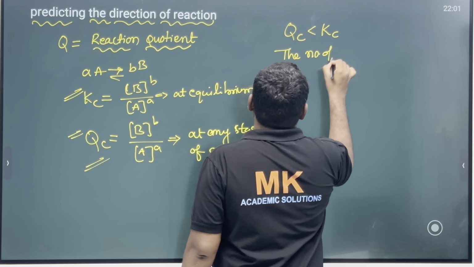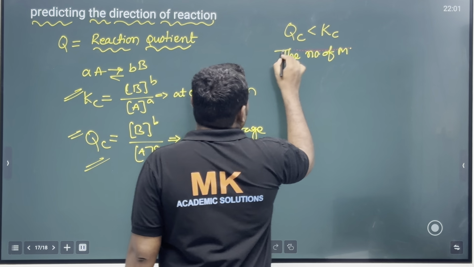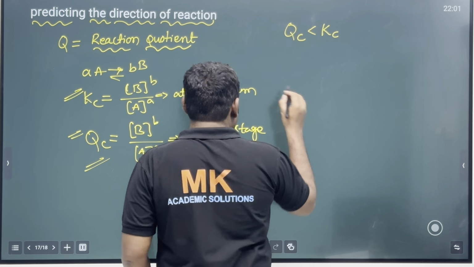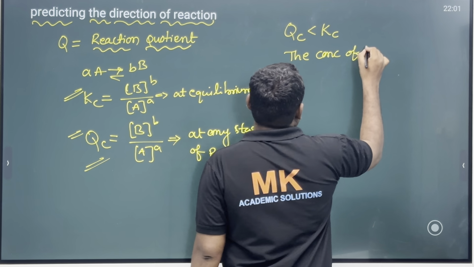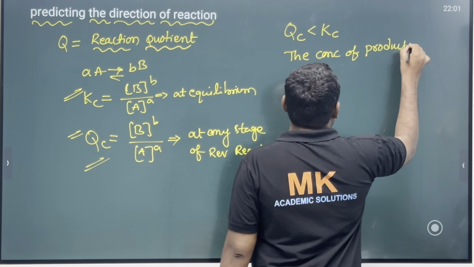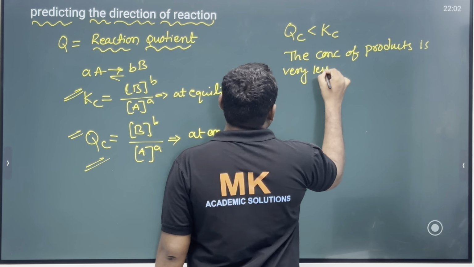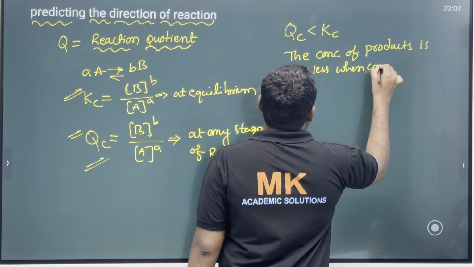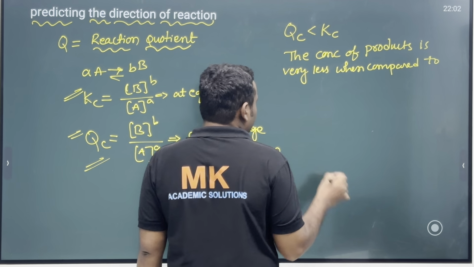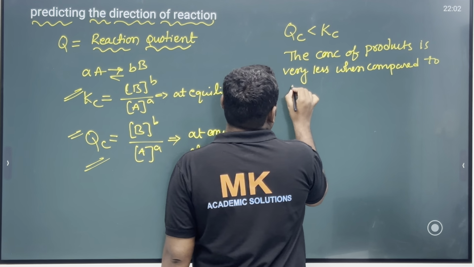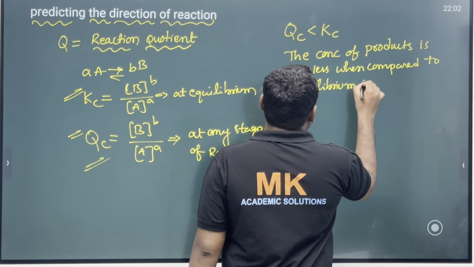The concentration of products is very less when compared to the equilibrium stage.